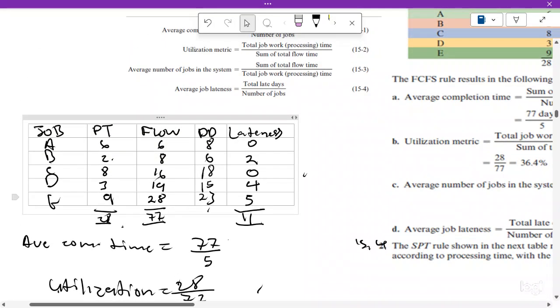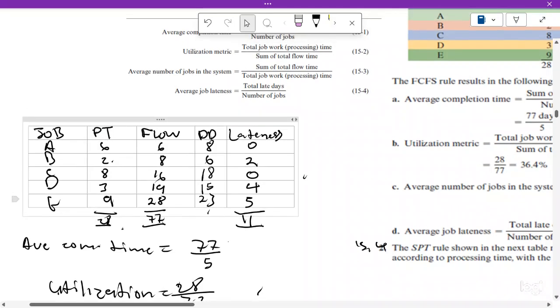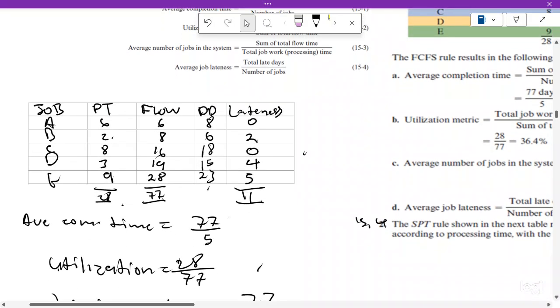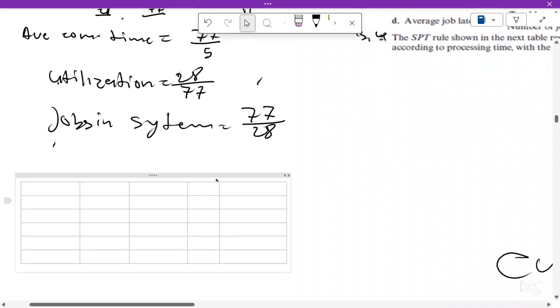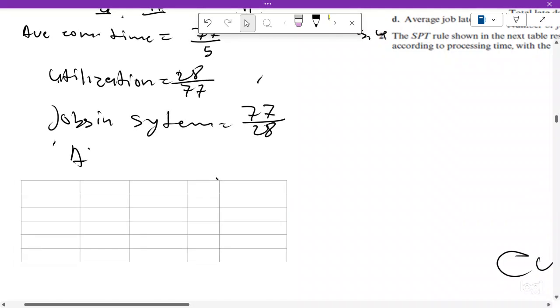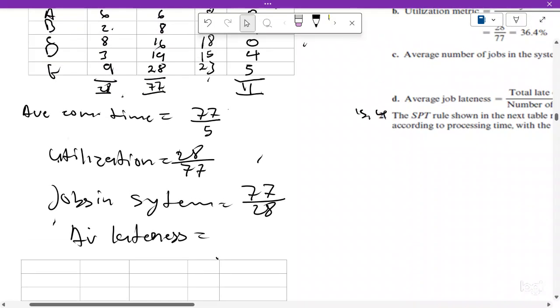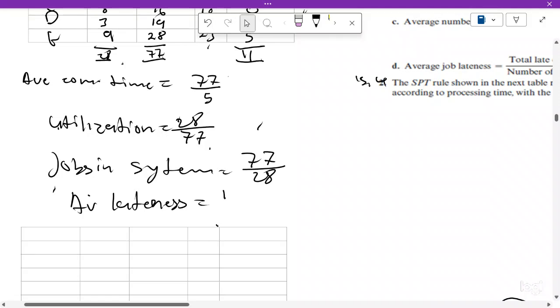Last one, average lateness, total of late days over number of jobs. Average lateness equals 11 over 5.